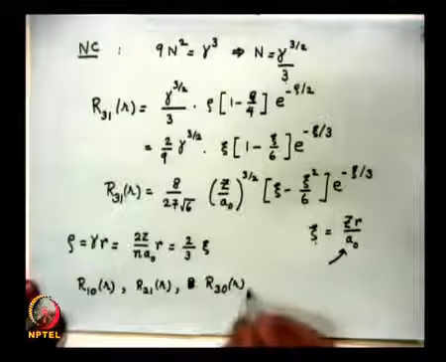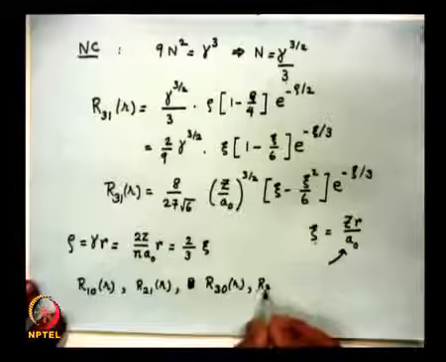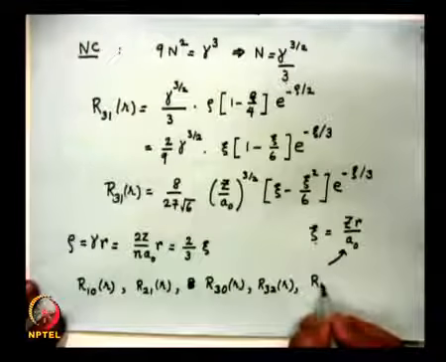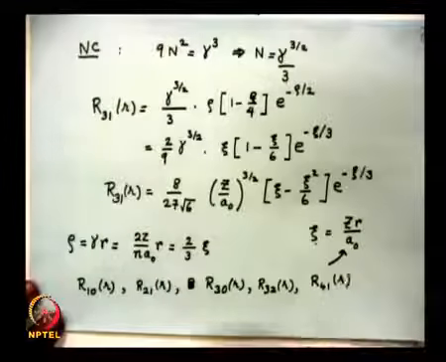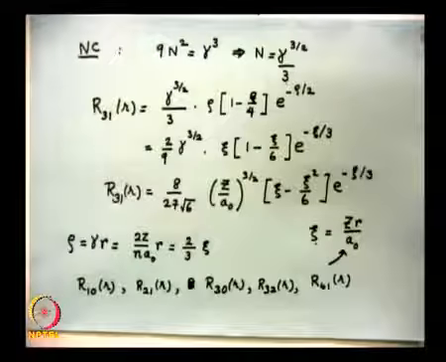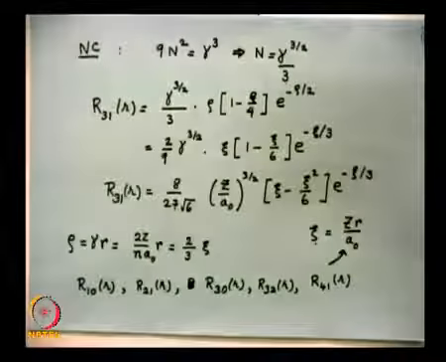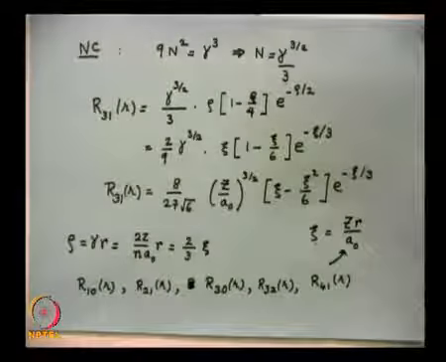R31 of r I have already calculated, then R32 of r, and then n is equal to 4, R41 of r, etc. These are fairly straightforward to calculate, and once you get the hang of it, you will find that the use of the confluent hypergeometric function is extremely easy in the calculation of the normalized wave functions.